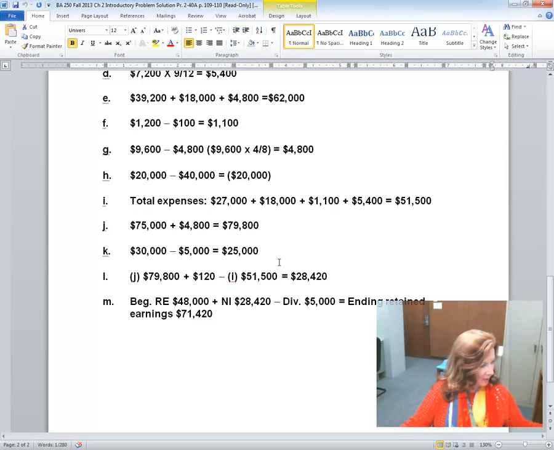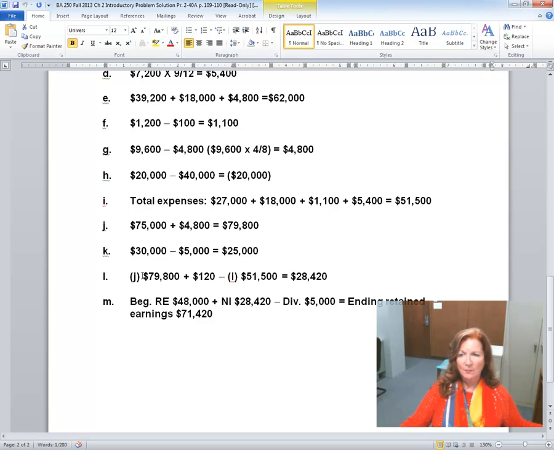Now, what amount of net income would be reported in the income statement? In the income statement, it's going to be the $79,800, the amount we got from net income up here in J, right there, $79,800, and it's going to add the 120 that we earned from the interest income, but then it's going to subtract out I, which was our expenses, 51,500 of our expenses, so our net income is 28,420.